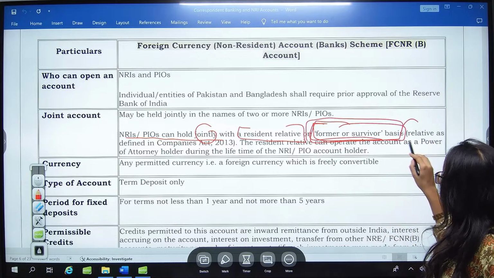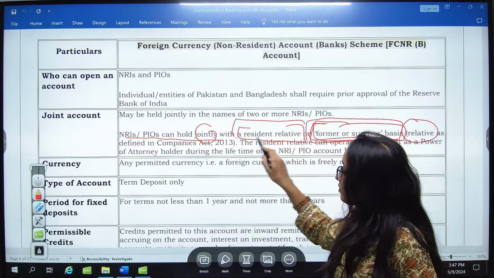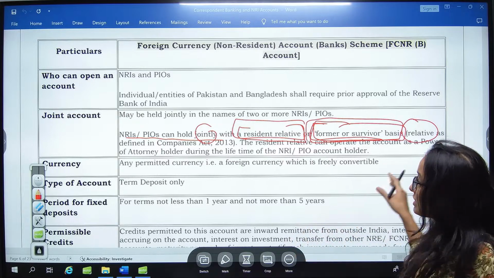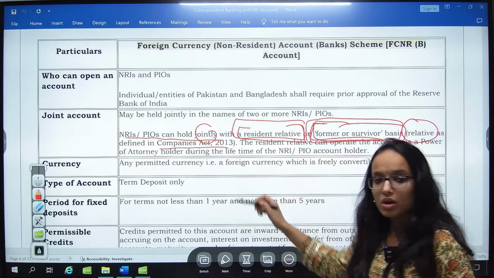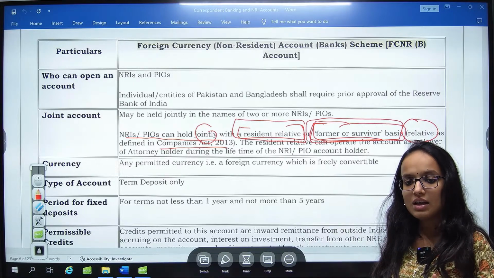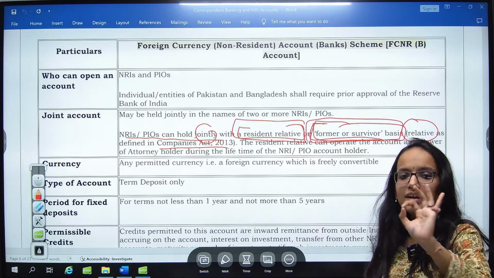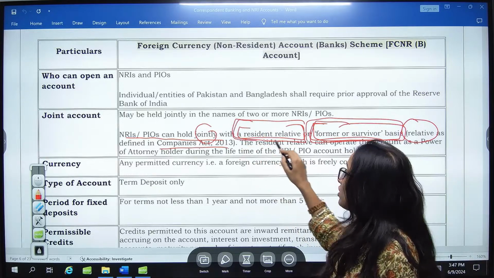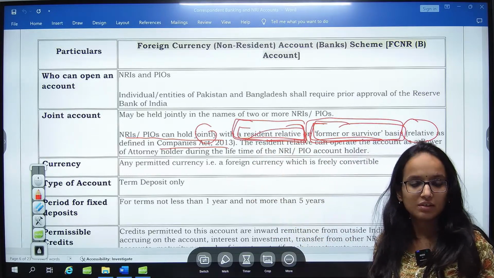Right? And who is this relative? This relative can be anyone who is defined by the Companies Act 2013. When we were discussing the NRE account in the previous class, I discussed all the criteria for a person to qualify for this resident relative status, right?